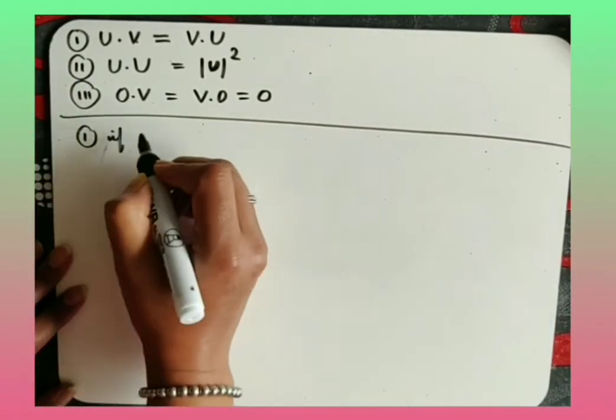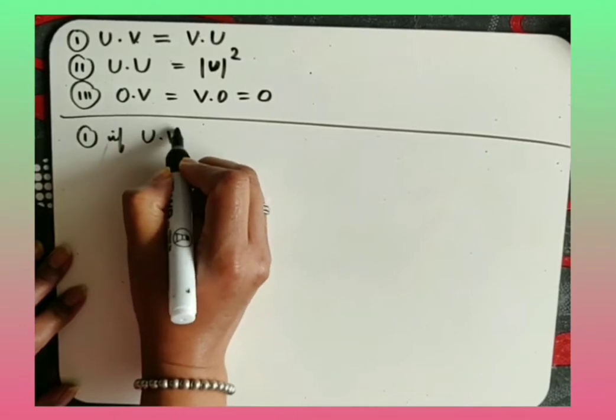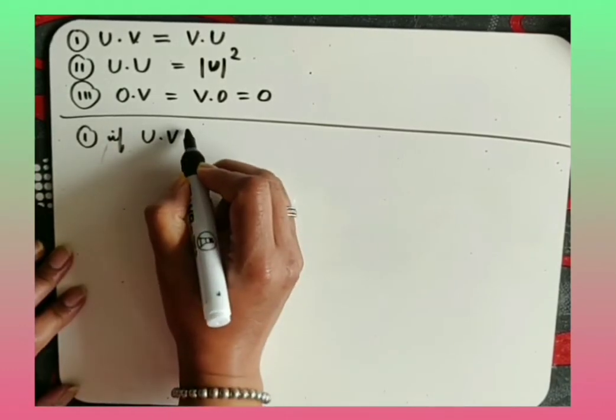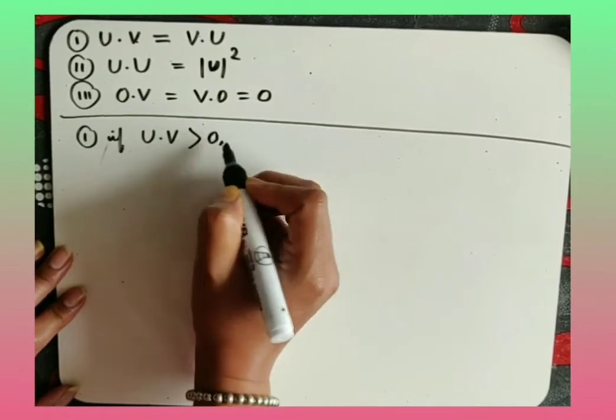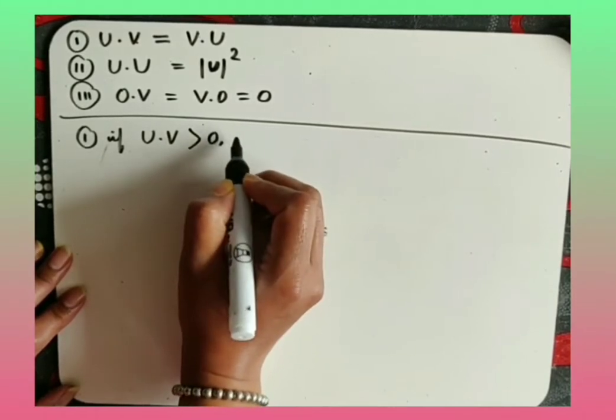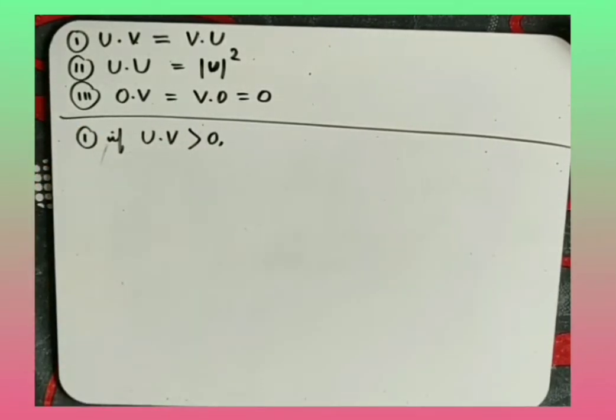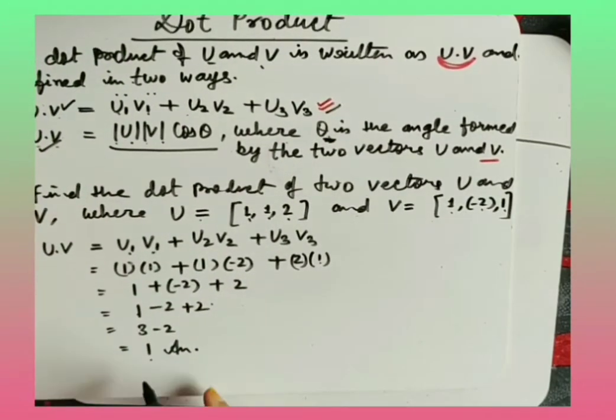If you are finding u dot v and you get greater than 0, it means you are getting some positive number, like we got u dot v here as 1, which is greater than 0.